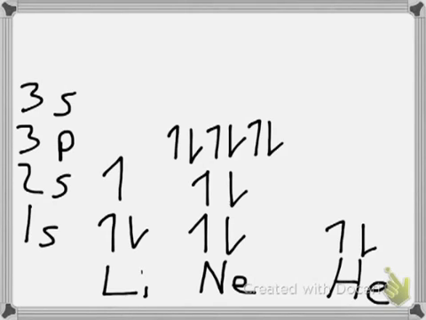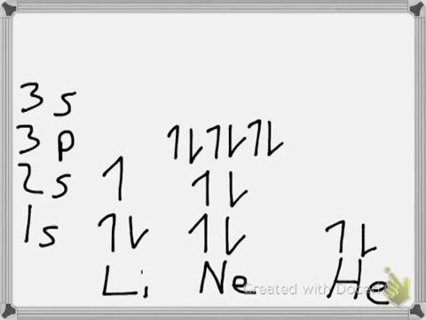So in order to achieve an electron configuration that's a noble gas, it can either gain 7 electrons and get to neon, or it can lose 1 electron and get to helium.